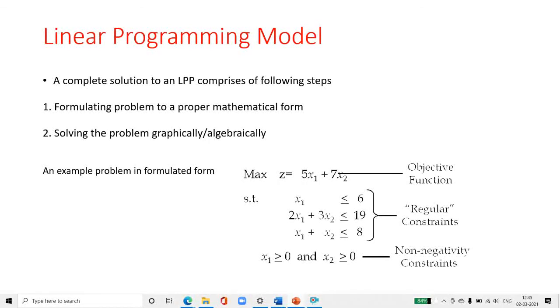So if we want to solve a problem using LPP, first we require the mathematical form, that is, how to formulate the problem in mathematical form using the objective function, constraints, and non-negative constraints. Then this mathematical form we can solve graphically or algebraically.